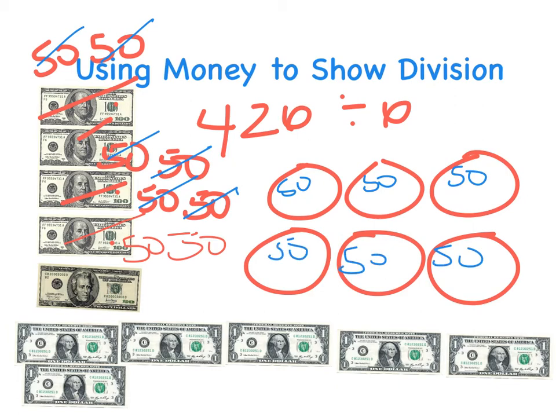The next smallest thing that I can make evenly out of 50s is 10s. So, because I can make some 20s and some 10s, it might just be easiest for us to convert those into 10s. So I would get 5 10s, 5 tens. So I have 10 $10 bills.